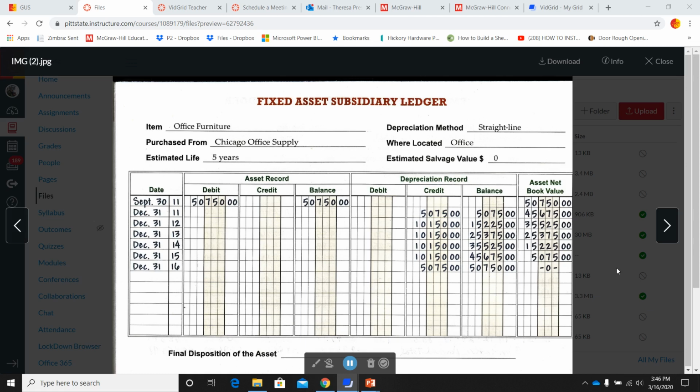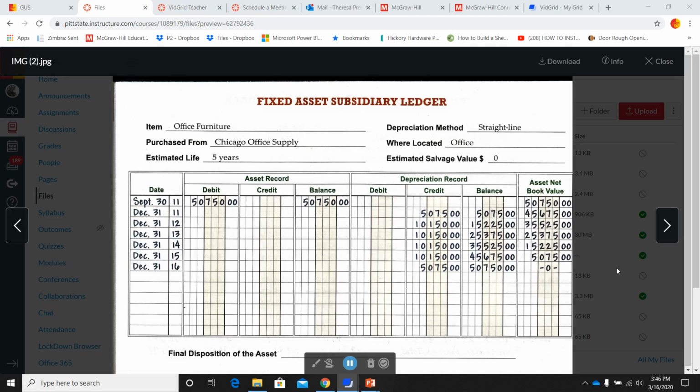On 42, you should see something that looks like this at the very top, which is for office furniture, which was purchased from Chicago Office Supply, which has an estimated life of 5 years. It's being depreciated on a straight line basis. It's located in the office, and it has an estimated salvage value of 0. You notice this record.